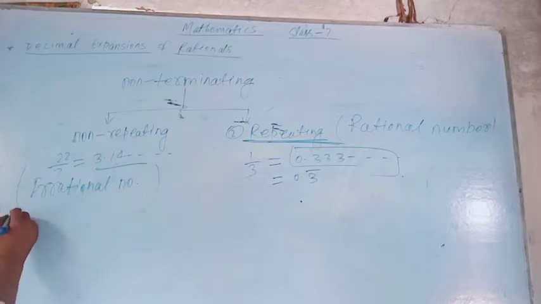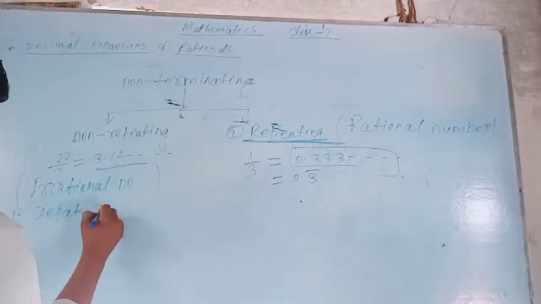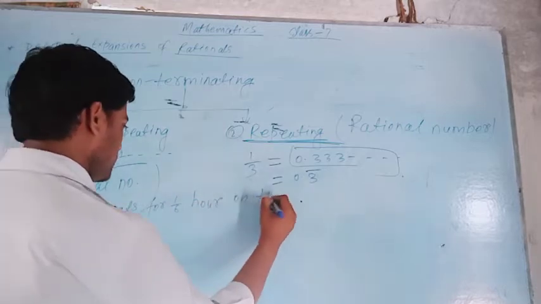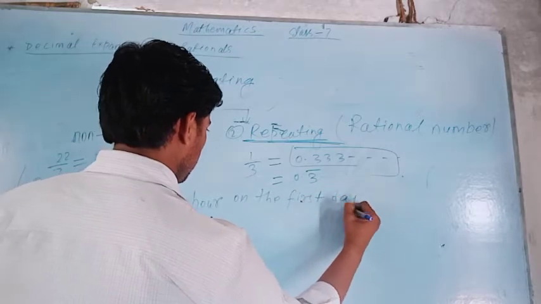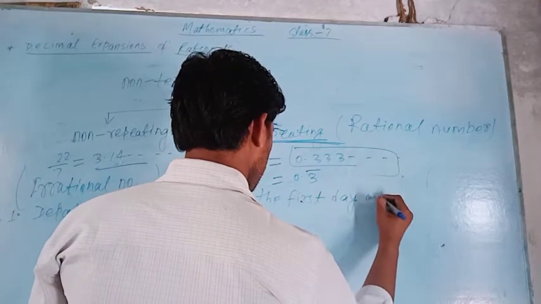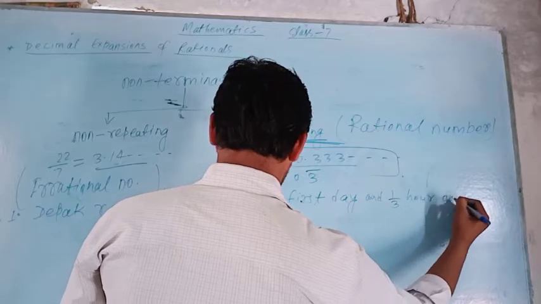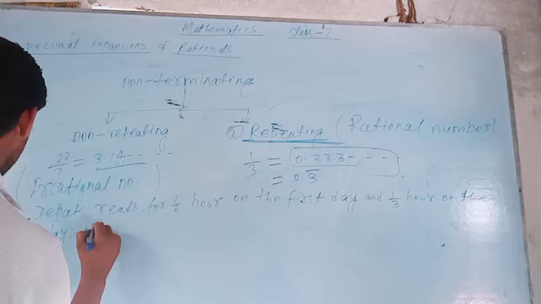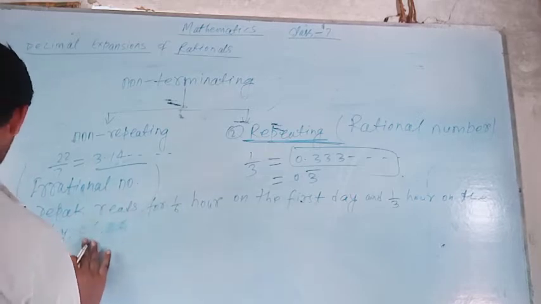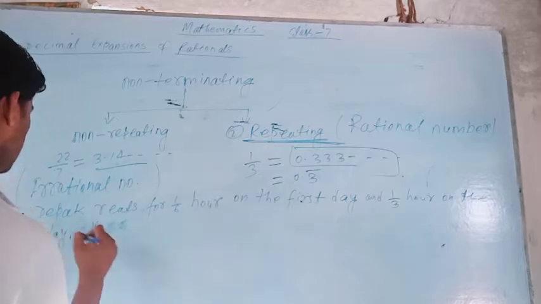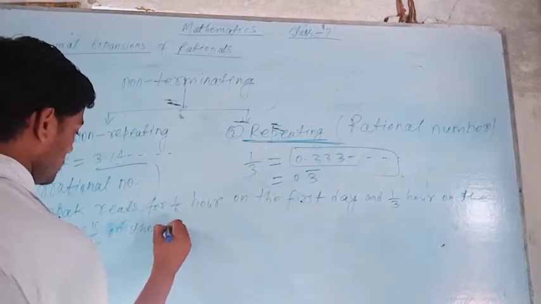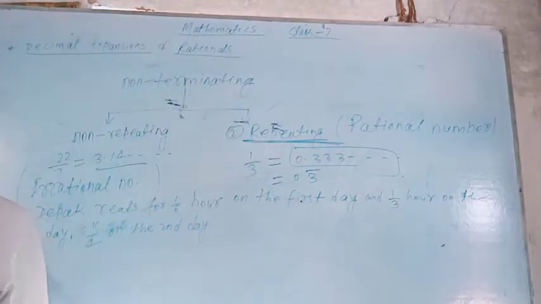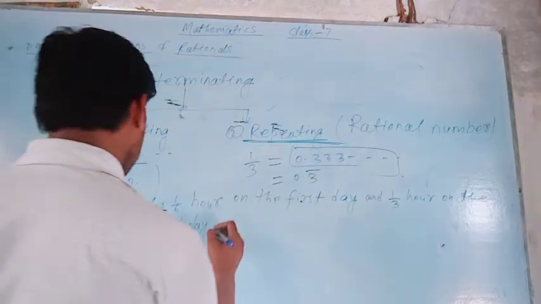Okay, question number 1. Deepak reads for 1/6 hour on the first day, 1/4 hour on the second day, and 1/3 hour on the third day.